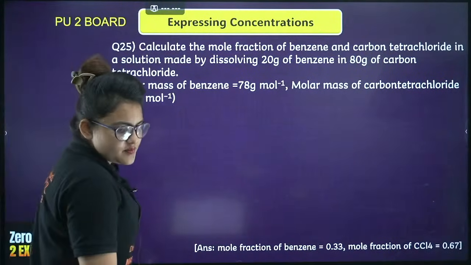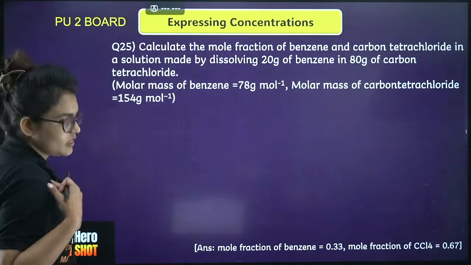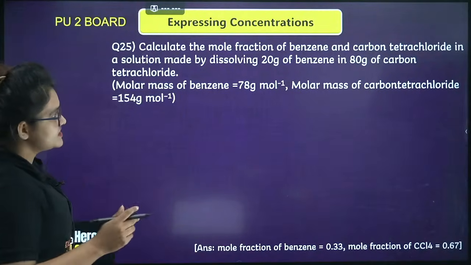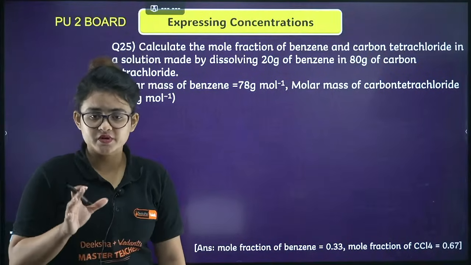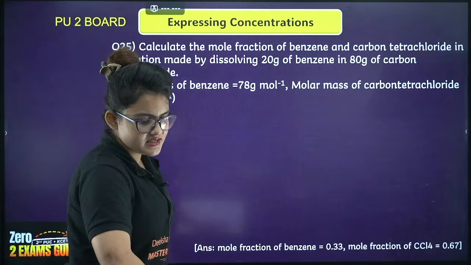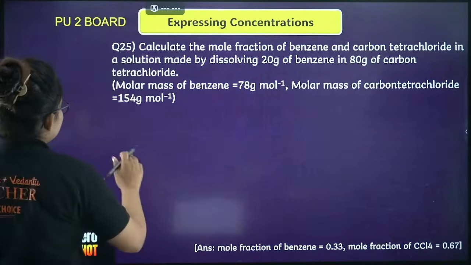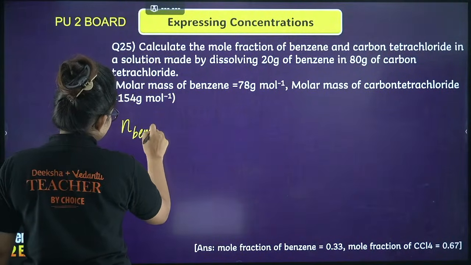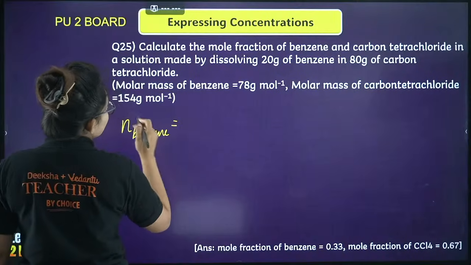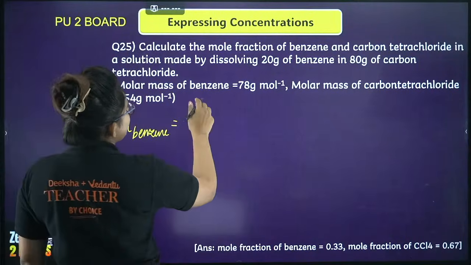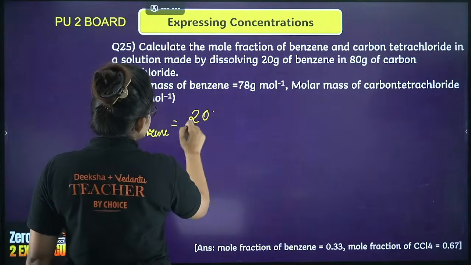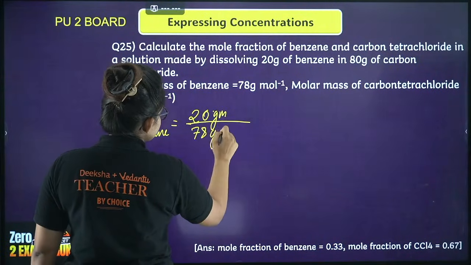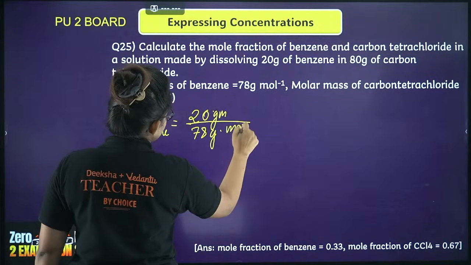Okay, so let's proceed. For this particular case, we have to calculate the mole fraction, and for the mole fraction we need the number of moles, right? Here you can see everything is given, right? So the number of moles of benzene, if you first calculate, that is 20 gram is given, and the molecular weight is 78 gram per mole.